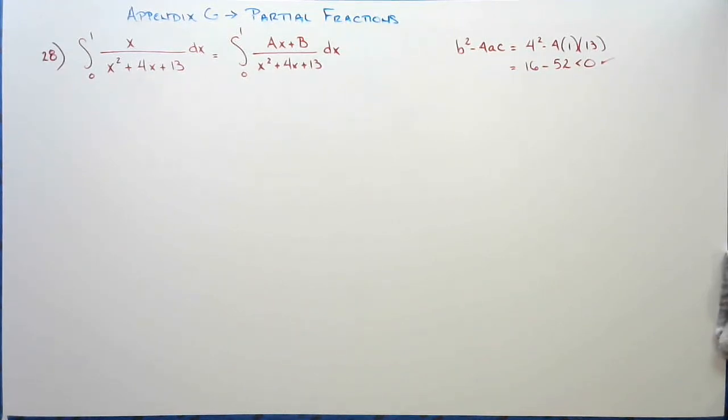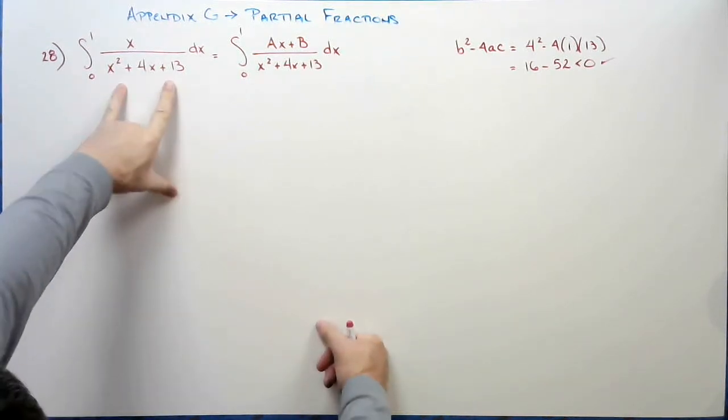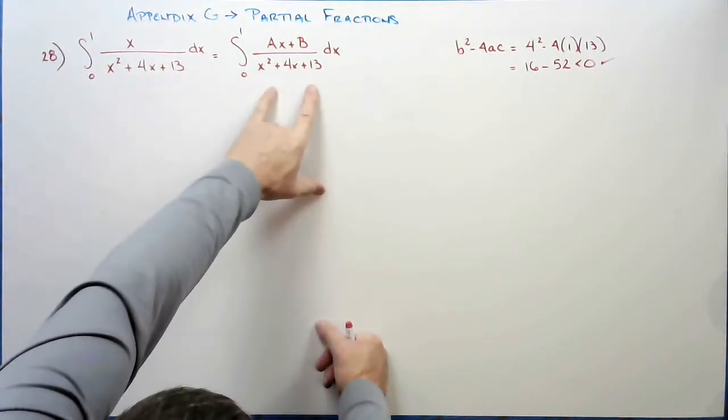And now it's our job to go find a and b, right? Okay, so if we look at this problem in our traditional sense, we think to ourselves, okay, this is irreducible, it's a quadratic. This is my approach.